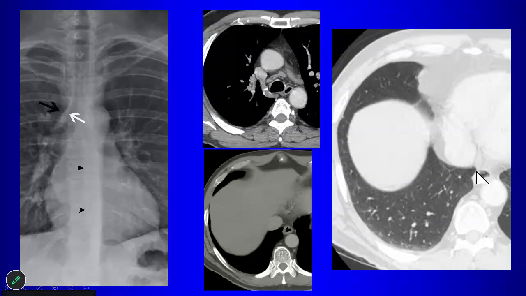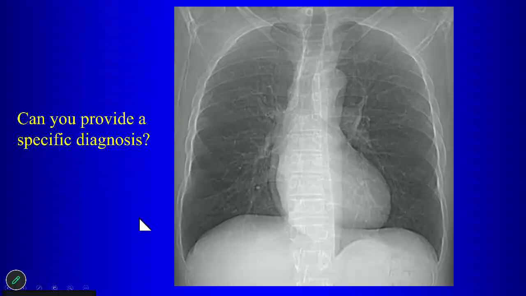It travels up there and then disappears where you have the azygos vein arching forward. Okay, so for this particular patient, which of those mediastinal lines is deviated? Of the lines we discussed.